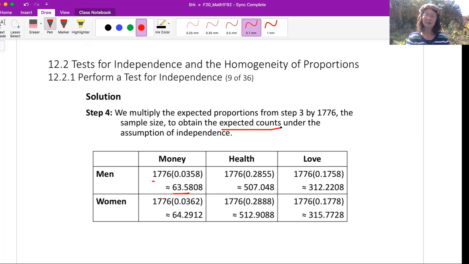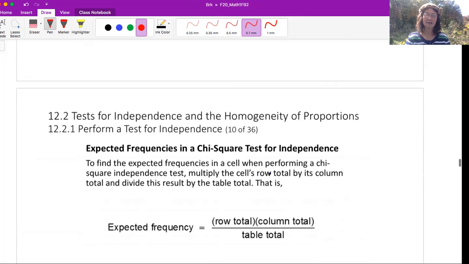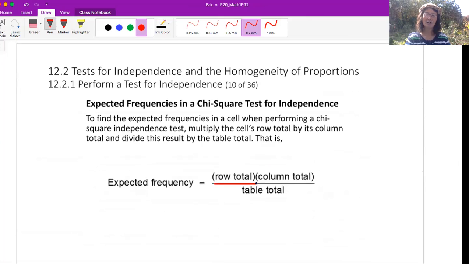So this is one way to do it. Another way to calculate expected counts is to use row total times column total divided by grand total.